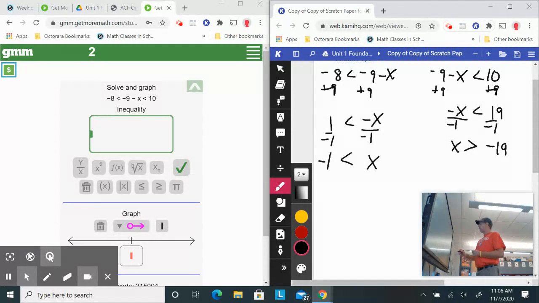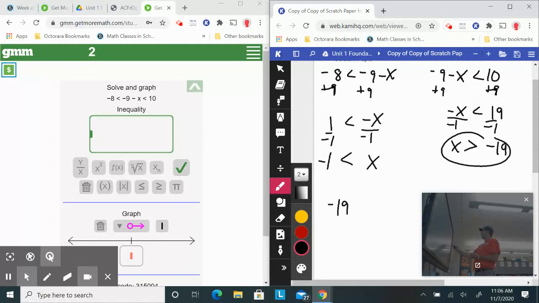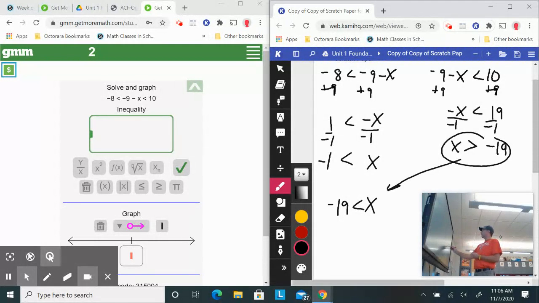Now the two numbers I got, -1 and -19, -19 is the least of those. So when I write this, I need to start with -19. And when I take -19 and move it in front, I need to reverse the sign. Then I get the x, okay? And then when I move -1 to the right side, I need to reverse the sign here.